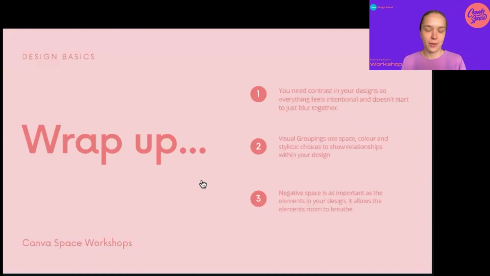So we are at the end, we're wrapping up, and to just remind you of a few of the things that we've learned. You need contrast in your designs so that everything feels intentional, and things don't just blur together and mix in. And that can be quite vivid and strong, or you can do softer ones like on this page here. Two, visual groupings are so essential in your design.